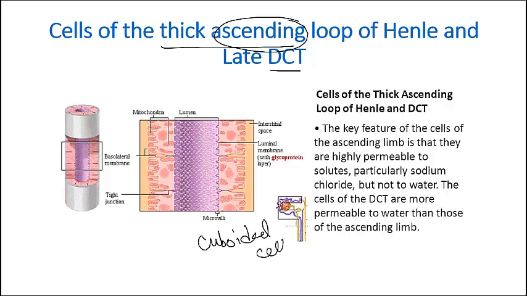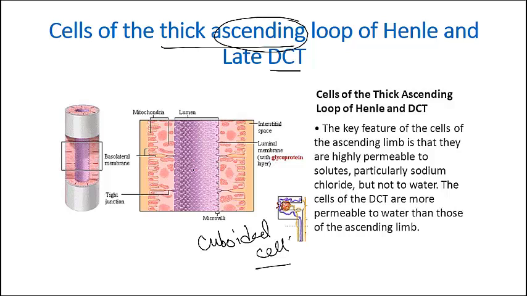If we look here, what are cuboidal cells? These are simple square-like cells, but they also have this folding of the cell membrane, and they have several structural differences compared to the cells of the proximal convoluted tubule. For example, these cells have fewer and very small microvilli. That's what we talked about.